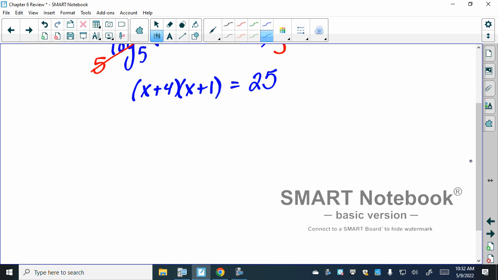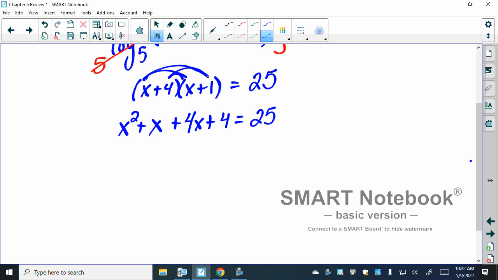Now on the left-hand side, we will need to distribute, so x times x would give us x squared. X times 1 is x. 4 times x is 4x, and 4 times 1 gives us 4. And we can combine like terms. X and 4x give us 5x plus 4 equals 25.